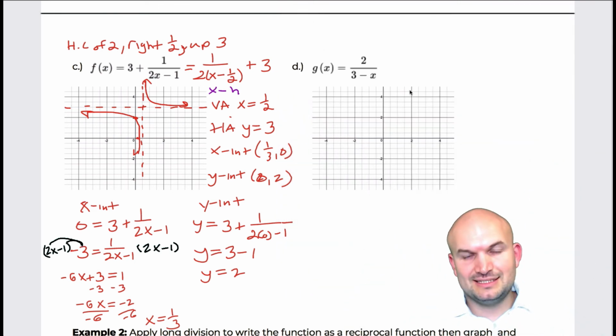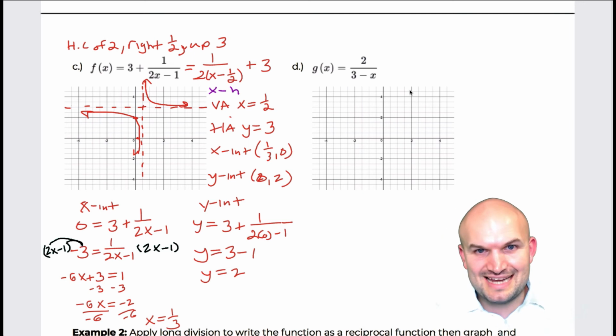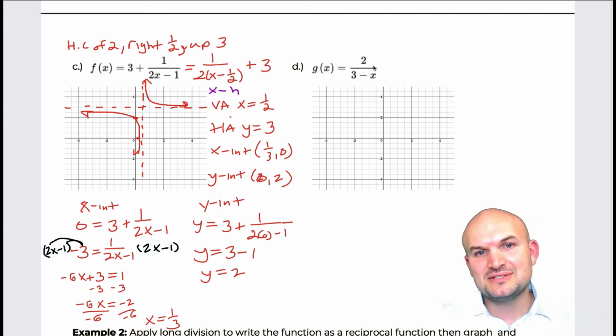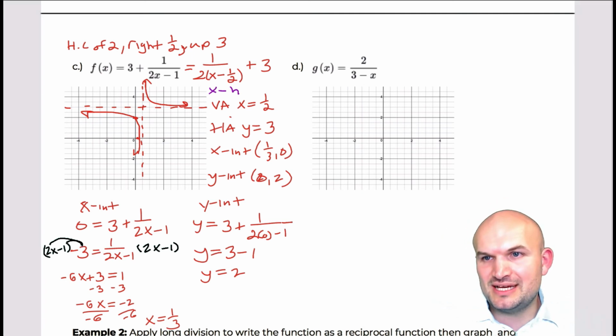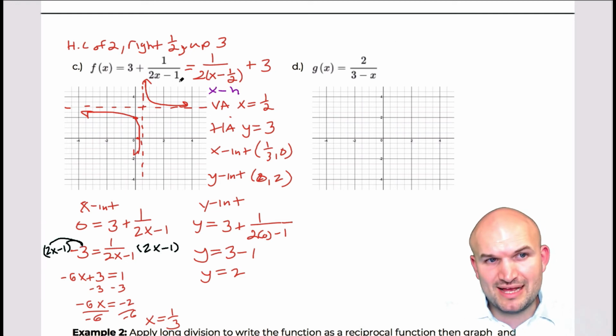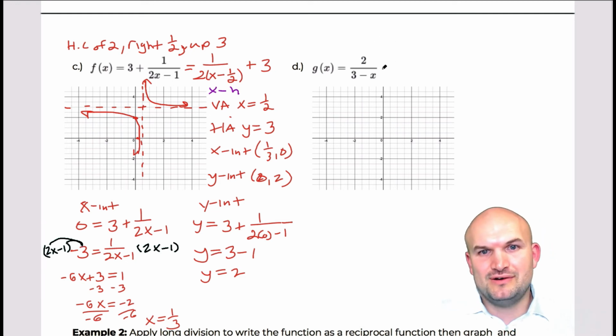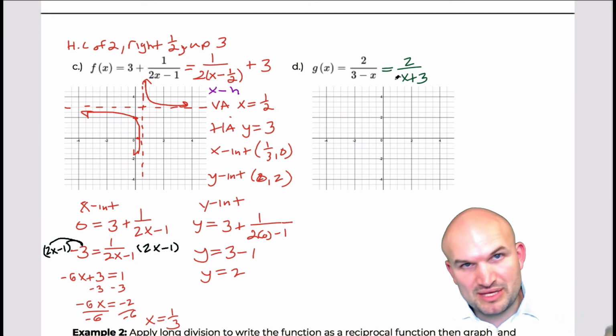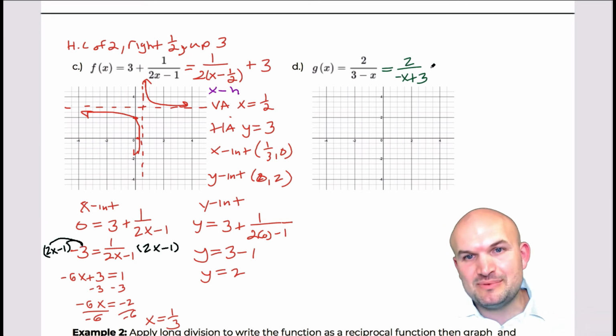And the last one, something again that's not in our correct form, right? So the basic thing that I like to do in this case is let's write it in this correct form. We want to have it's x minus h, right? So let's rewrite this as 2 over negative x plus 3. But again, you can see we have another b. We have a coefficient of x, so it has to be factored out.